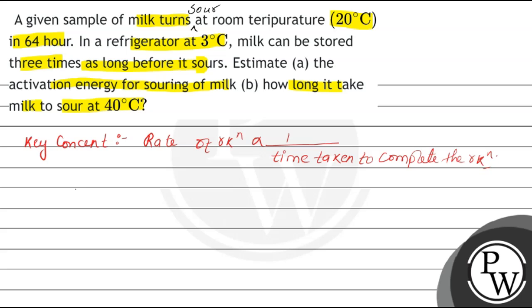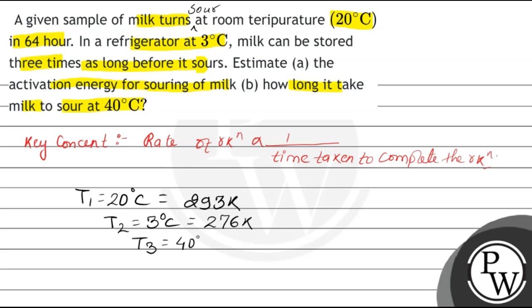Let T1 is equal to 20 degrees Celsius, that is equal to 293 Kelvin. T2 equal to 3 degrees Celsius, which is equal to 276 Kelvin. And T3 is equal to 40 degrees Celsius, which is equal to 313 Kelvin.